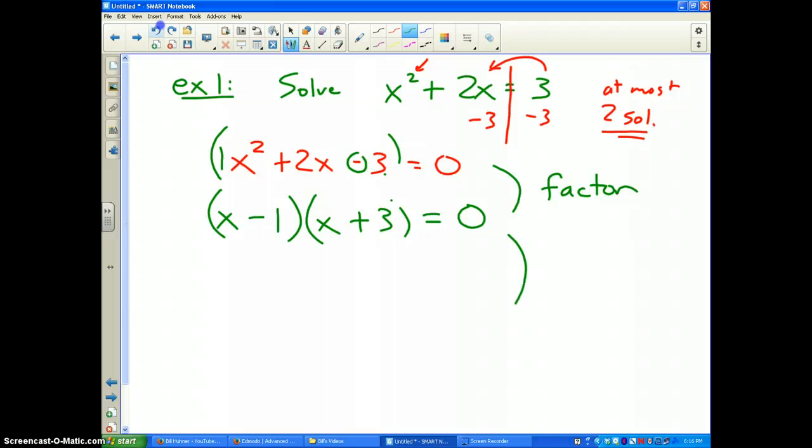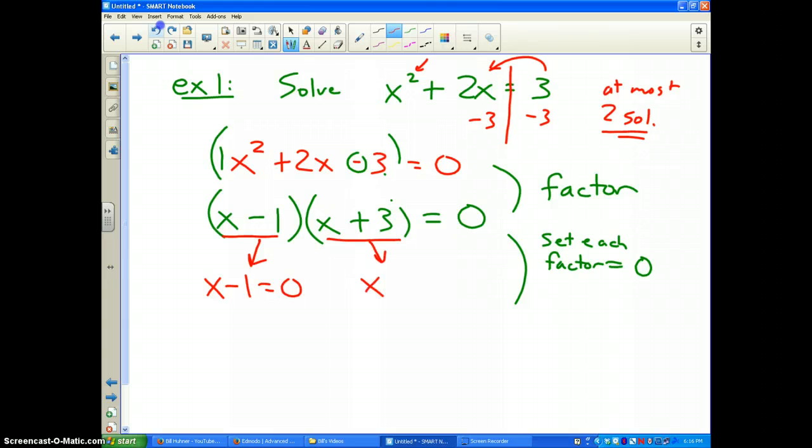In order to solve, we need to set each factor equal to 0. I have 2 factors. I'm underlining both of them. I'm going to take that factor and make it equal to 0, and I'm going to take that factor and make it equal to 0. And that is where our 2 solutions will come from.